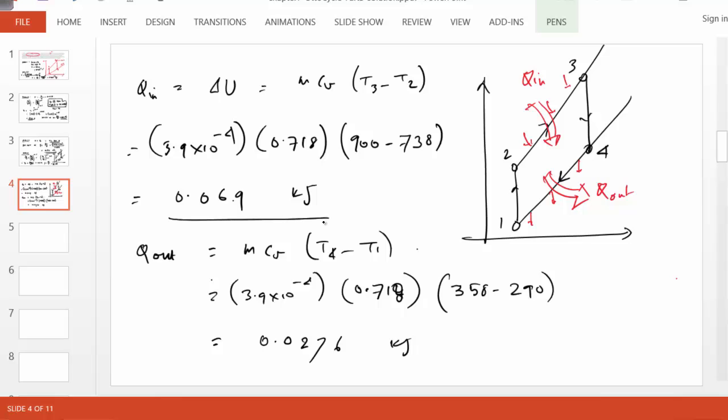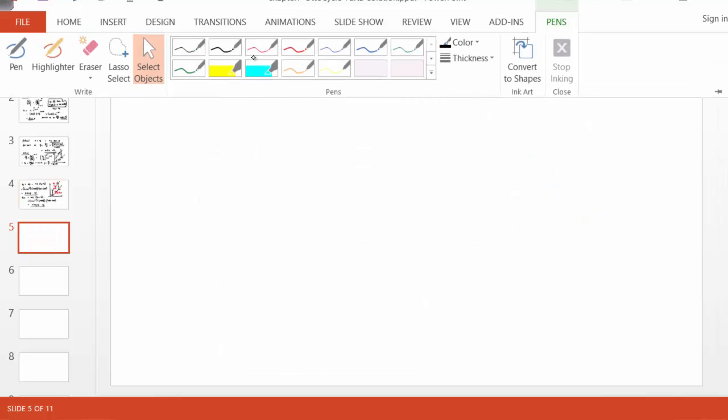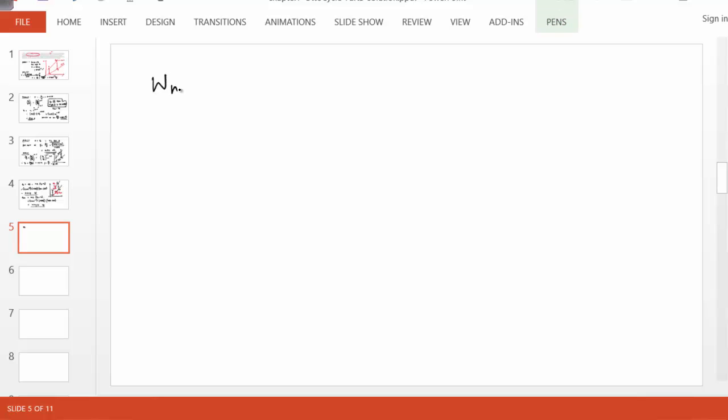Well, we can go and find W net from there, but we got here. So Q in and Q out are correct. So therefore, W net, so this is the trick we are using, W net equals Q net basically, sorry.